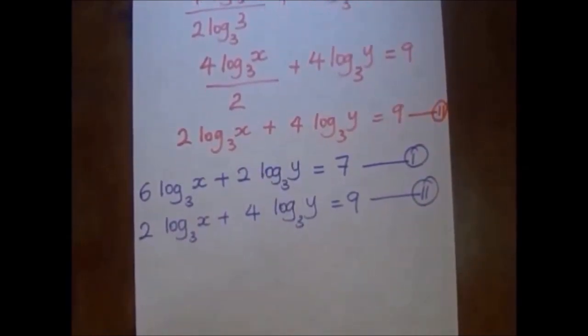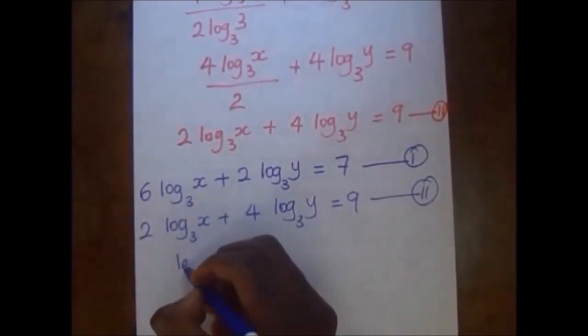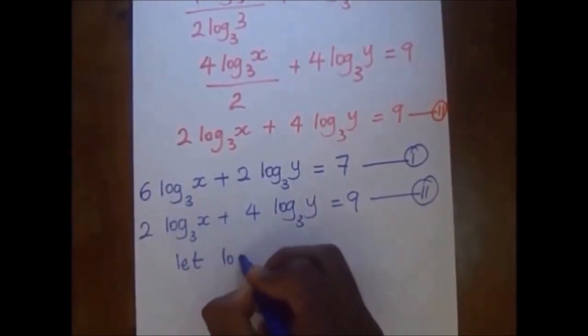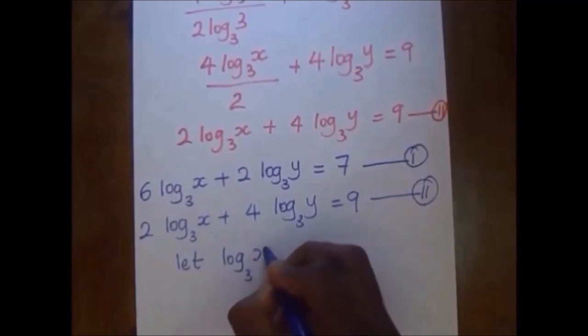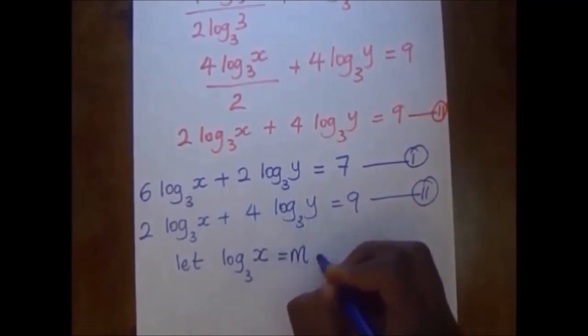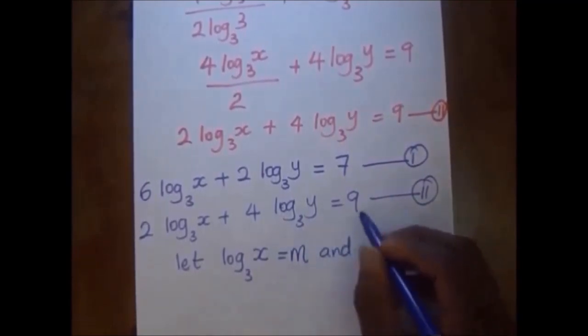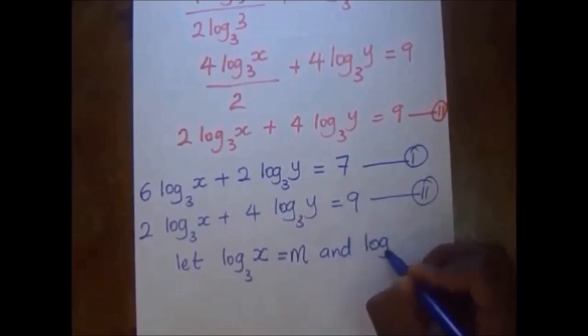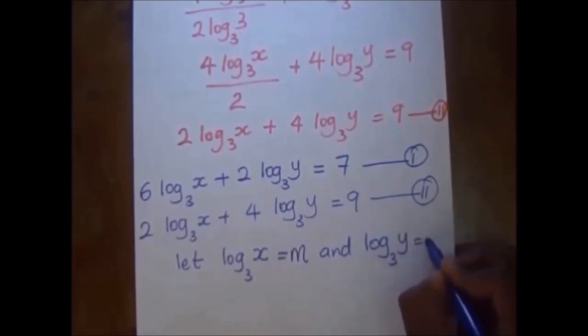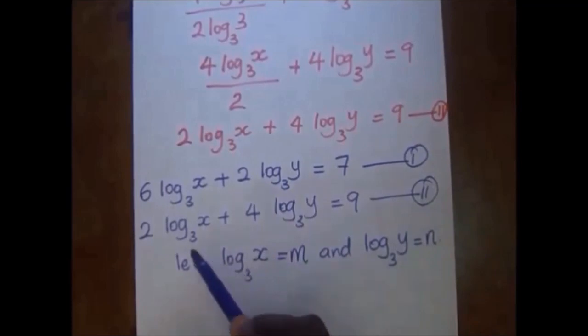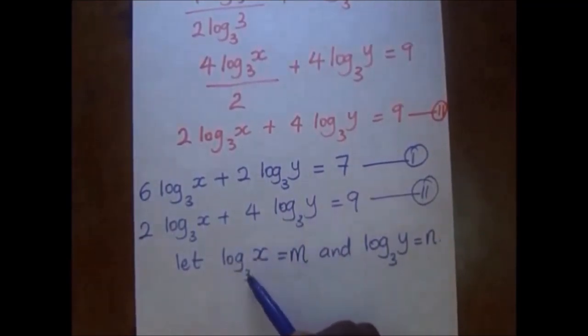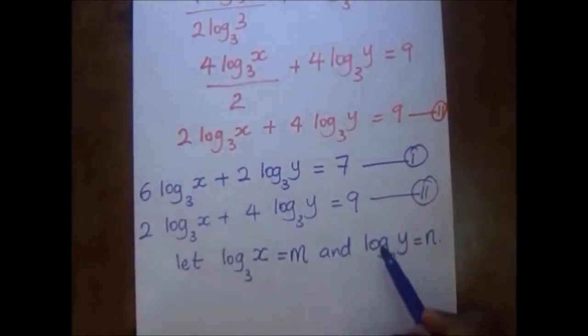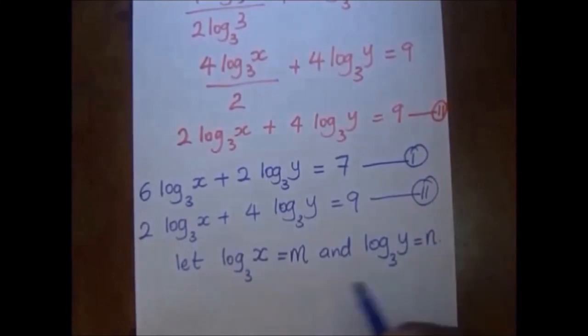Let us simplify their look. Let the log base 3 of x be equal to m, and the log base 3 of y be equal to n. So where there is log of x base 3, we substitute m, and where there is log y base 3, we put n.